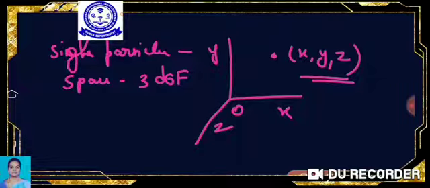When a single particle moves in a plane, it has 2 degrees of freedom. Then an ant moving in a straight line has 1 degree of freedom. This is the example for degrees of freedom.